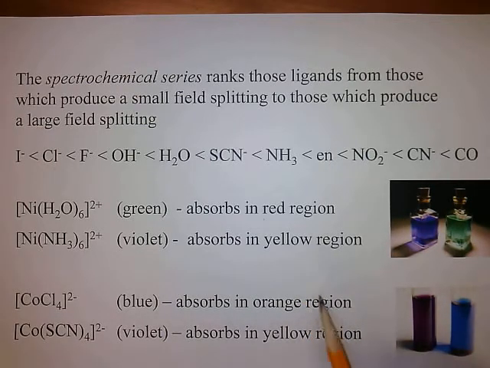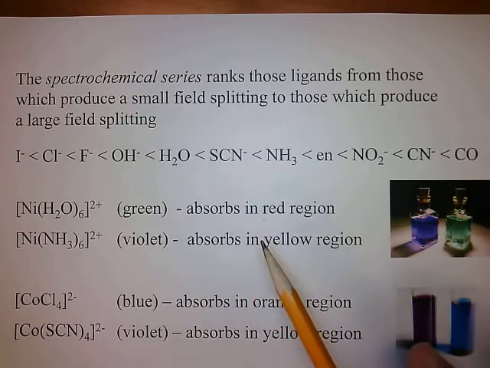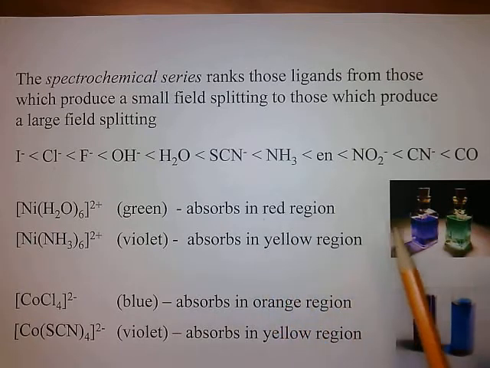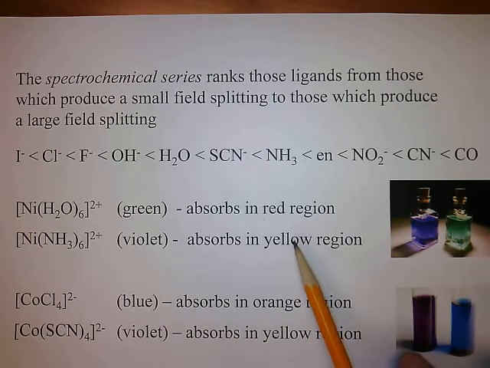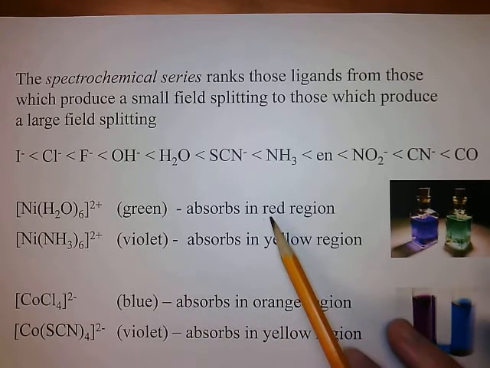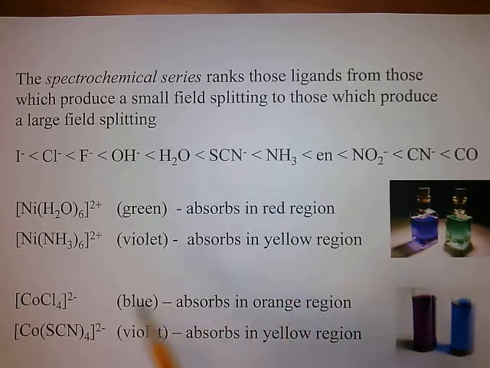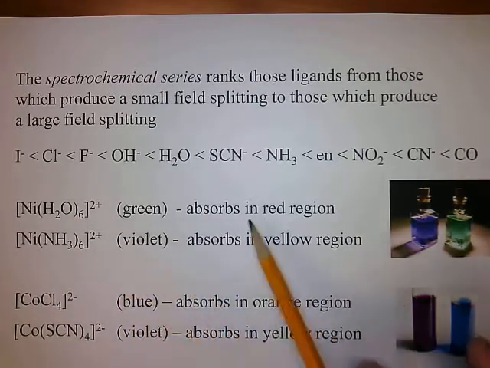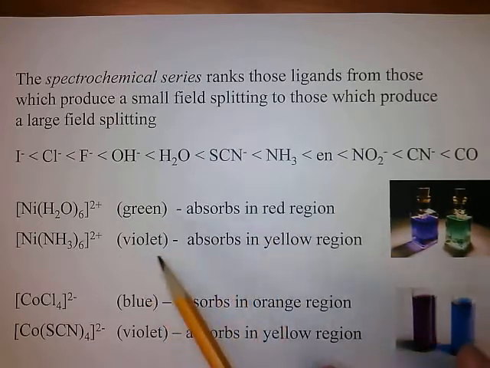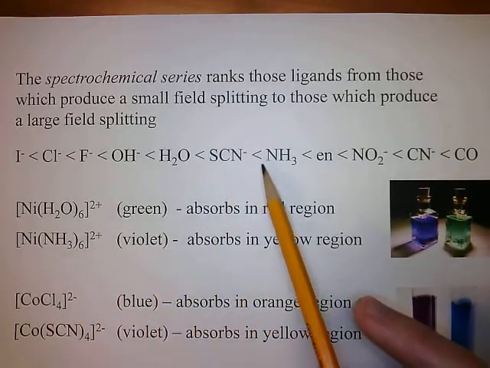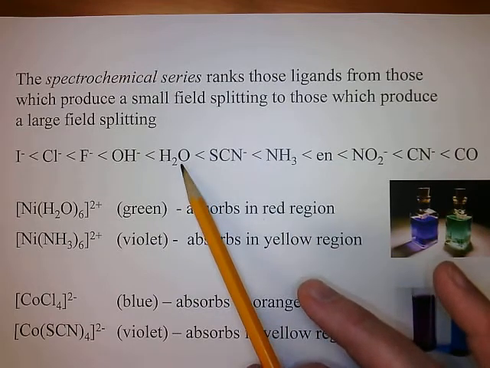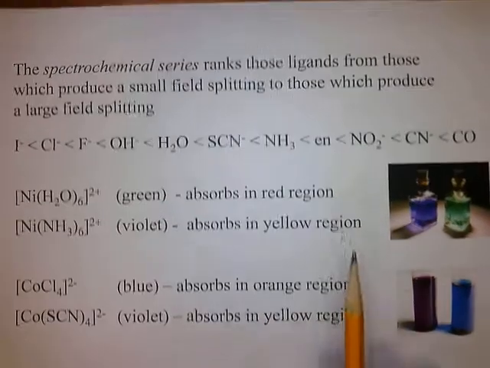You remember the color spectrum goes red, orange, yellow, green, blue, violet. That's going to shorter wavelength, and it's also going to higher energy. So yellow is higher energy light than red light, and that means the field splitting is bigger here than it is here, which supports the spectrochemical series, because ammonia lies ahead of water in the spectrochemical series.